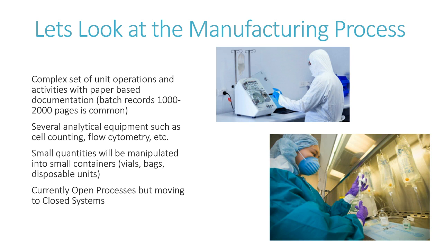It could be anywhere from a few hundred to 1,000 to 2,000 pages, and part of that is due to the complexity of the unit operations and activities that are done. In addition to that, you have several analytical equipment like cell counters or flow cytometry that need to be also factored in because samples are taken from the equipment or the components in the process and have to be placed into the laboratory instrumentation for analysis and results.